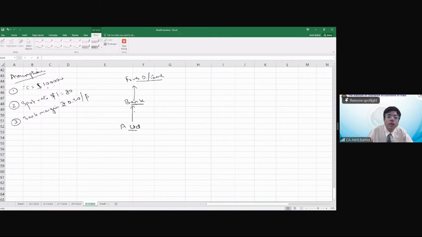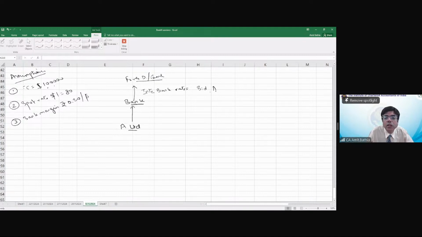So say, for example, here bank is going to get as per interbank rates, right? What is interbank rates? Again, you have the same bid and ask concept, right?